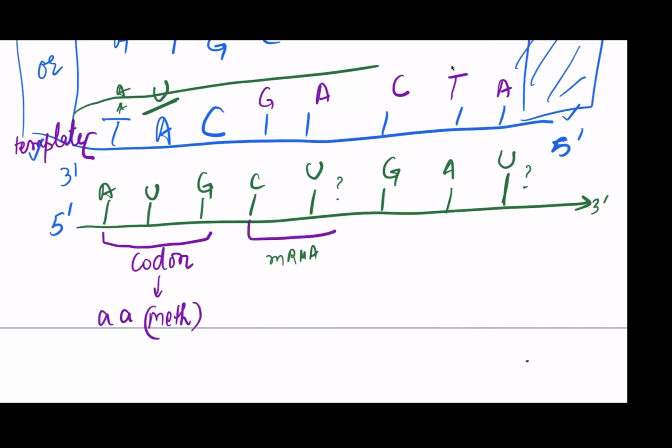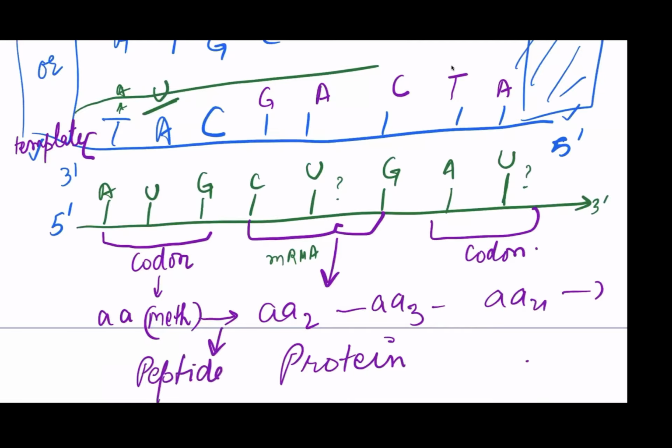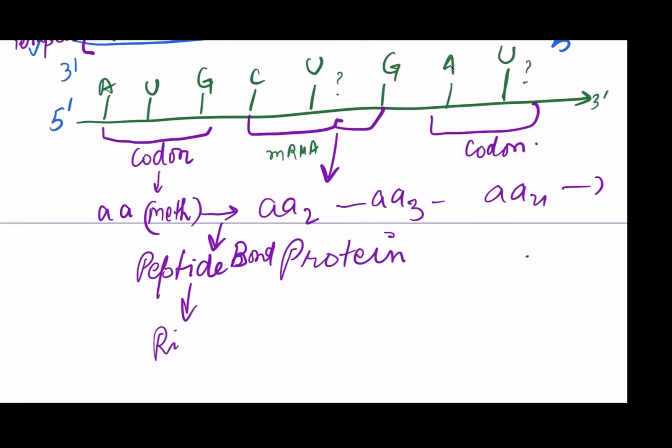Then they use the next 3 to code the second amino acid, triplets, codons. And they keep on joining one amino acid to another, amino acid 3, amino acid 4, and that's the protein. This is the peptide bond between amino acids, which is actually made by the ribosome.